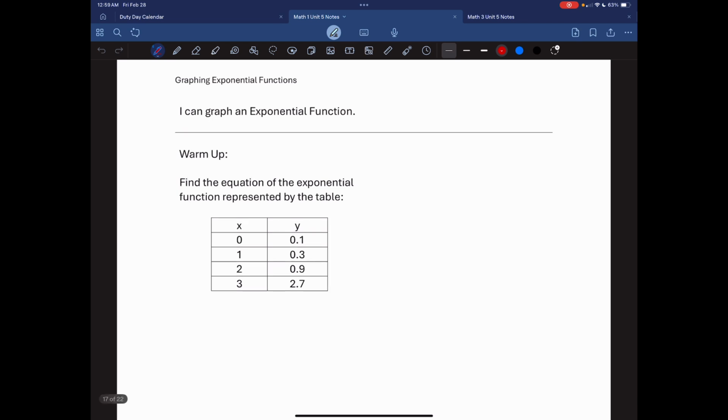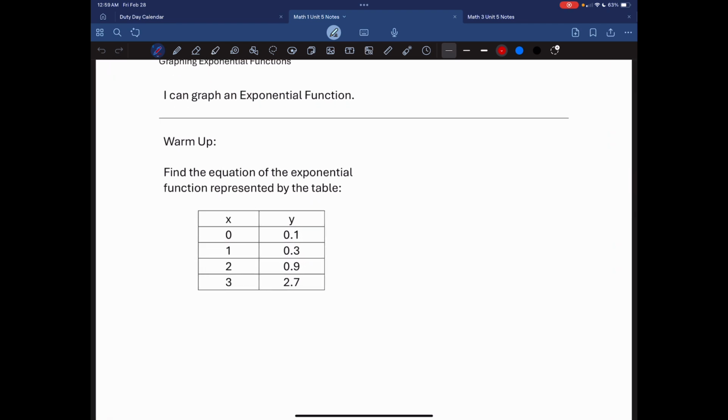We're going to find the equation of the exponential function represented by the table. Remember, we're using the form y equals a times b to the x, where a is our y-intercept, and b is going to be our common ratio.